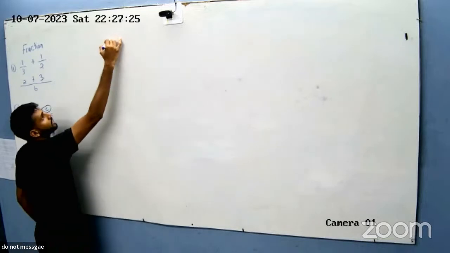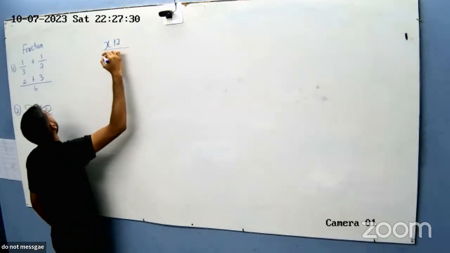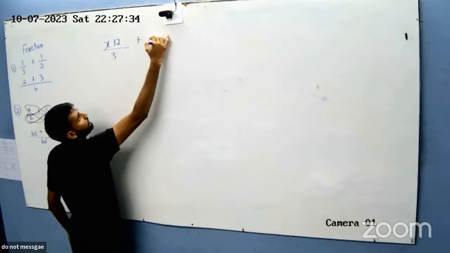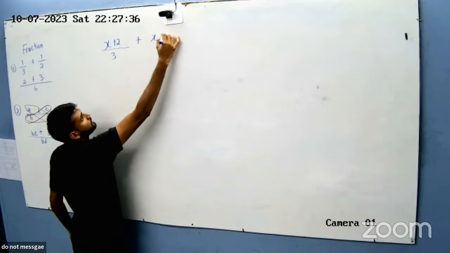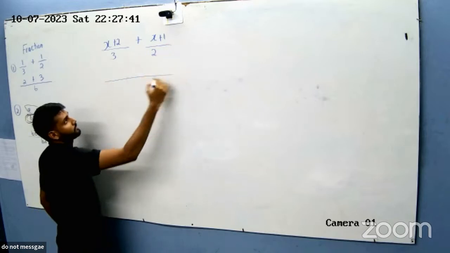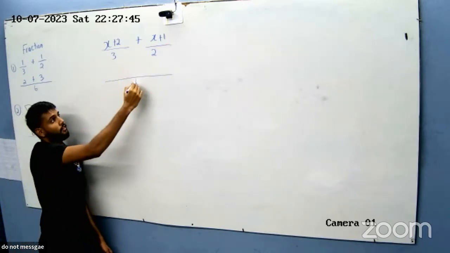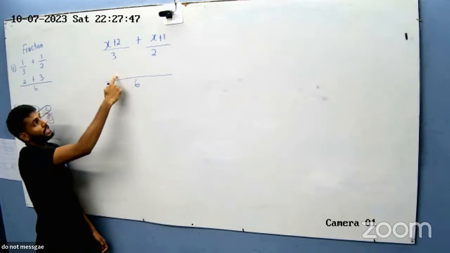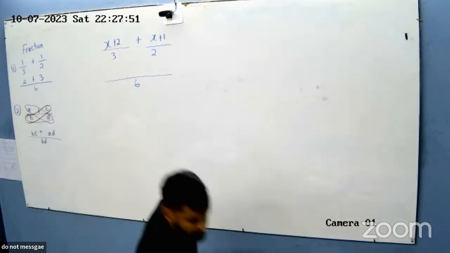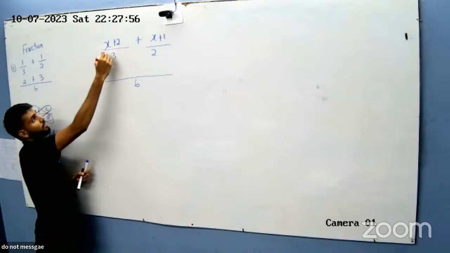So we have something like this, x plus over, plus, x plus. 3 by 2, right? 6. And how do we get the value for here? Right, so the LCM is this here.